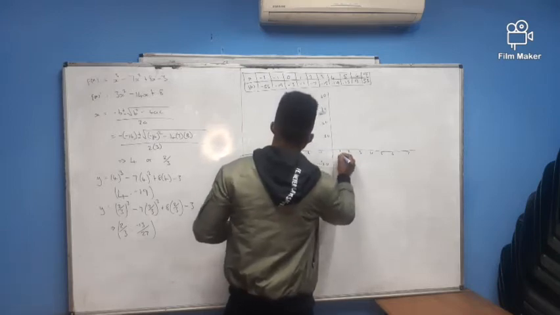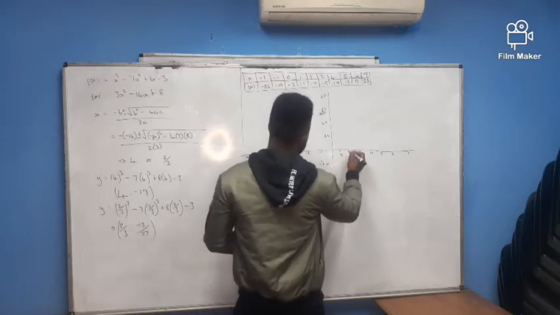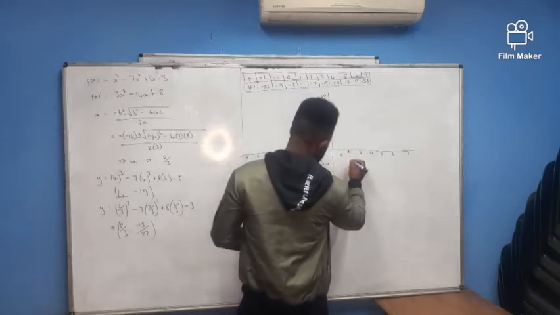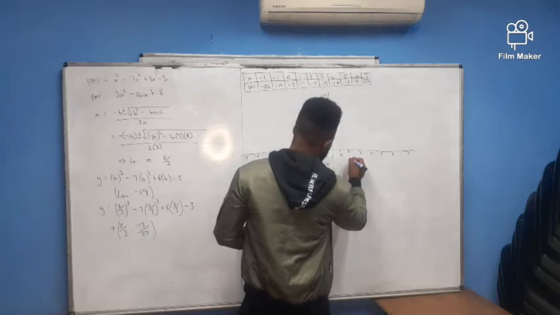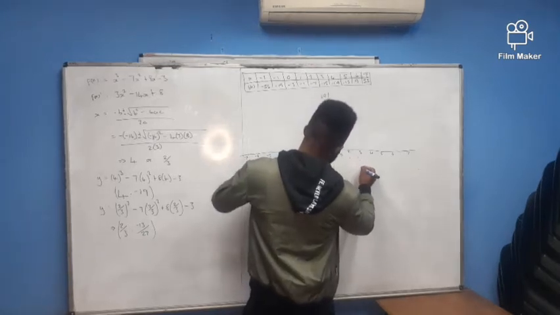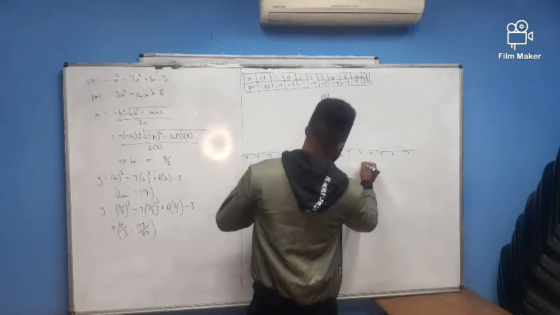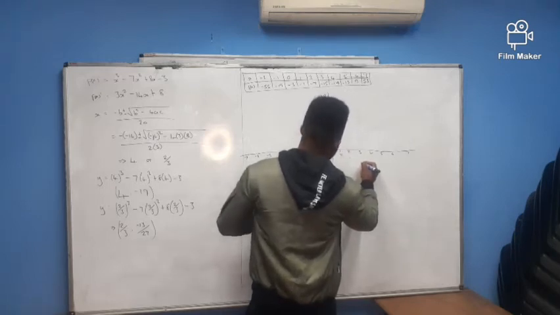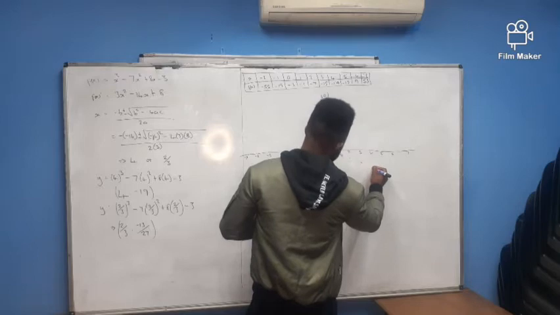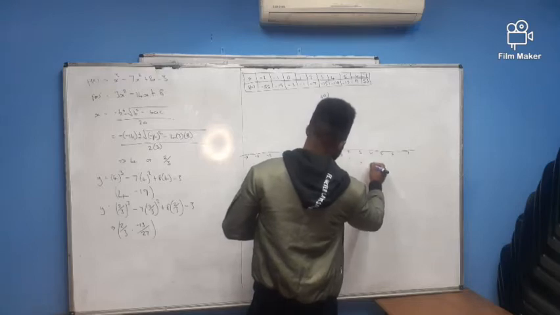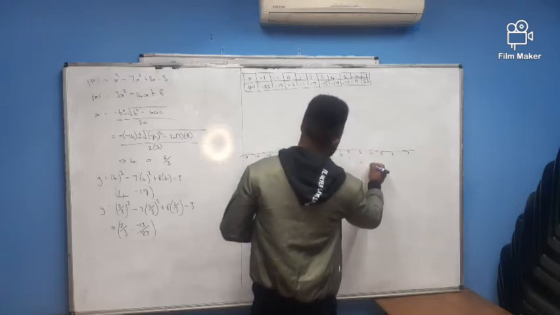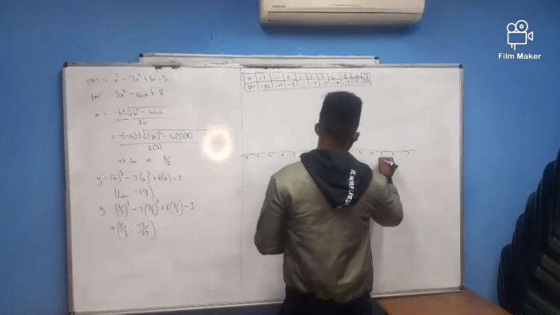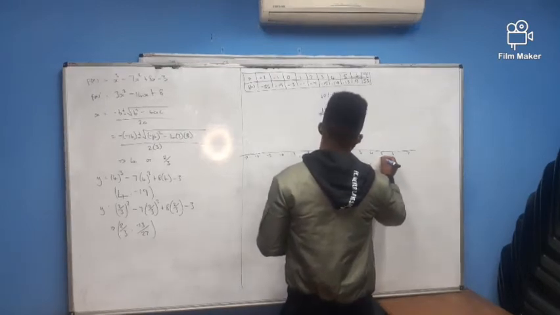And then when it's 2, it's -7, somewhere here. When it is 3, negative 15, somewhere here, and then 4, negative 19, which is somewhere here. And then 5, 18, which is somewhere here.